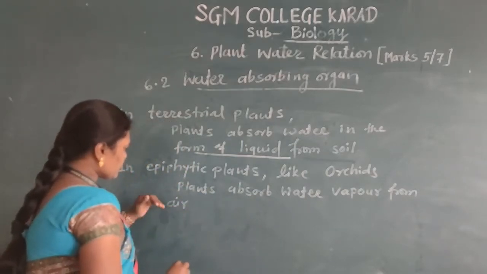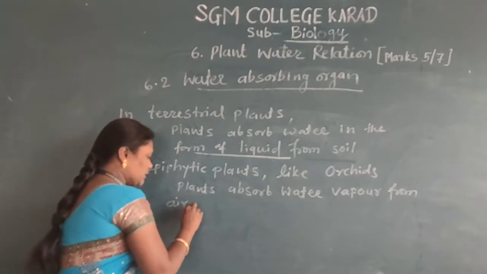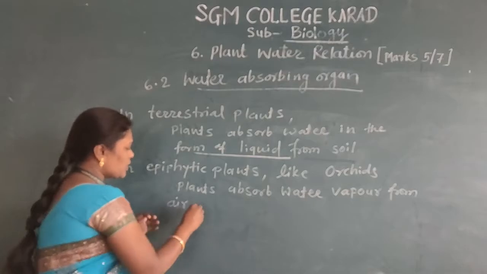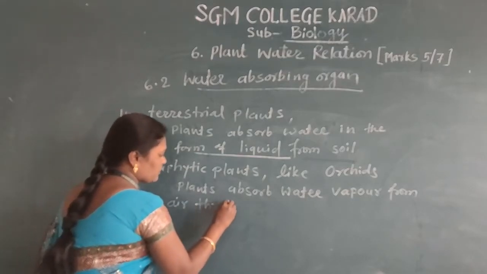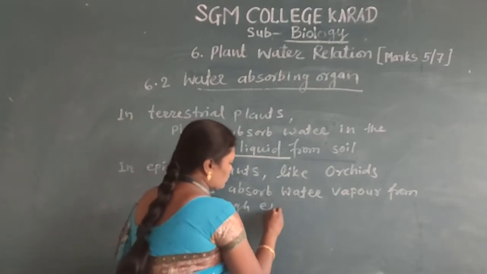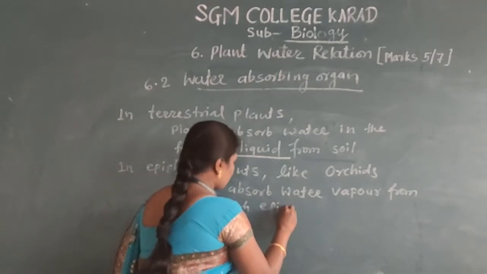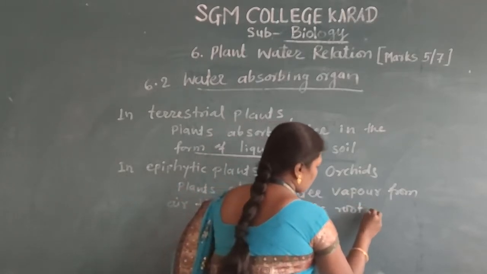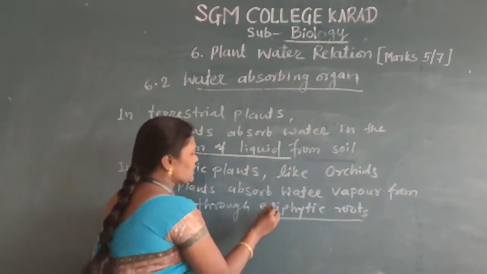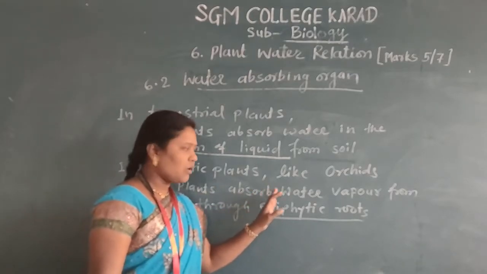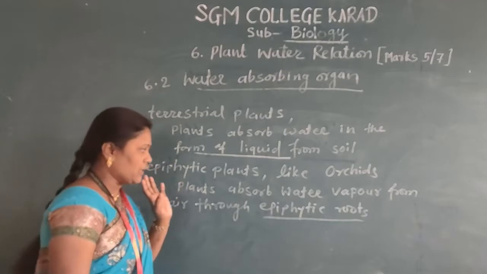This water vapor is absorbed through epiphytic roots. So this epiphytic root helps in the absorption of water vapor from the air.